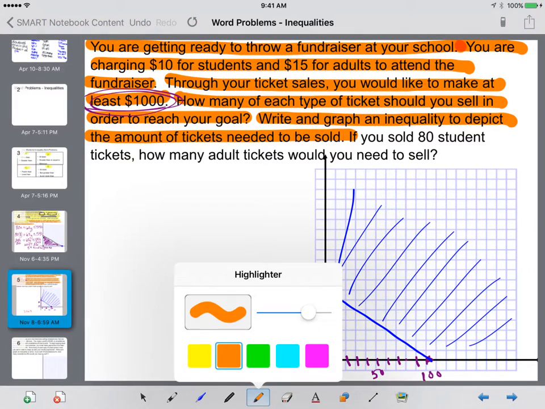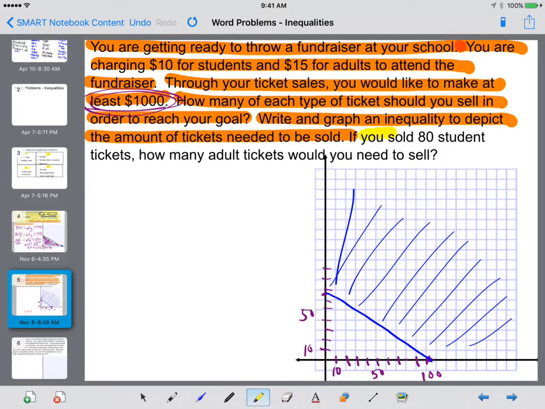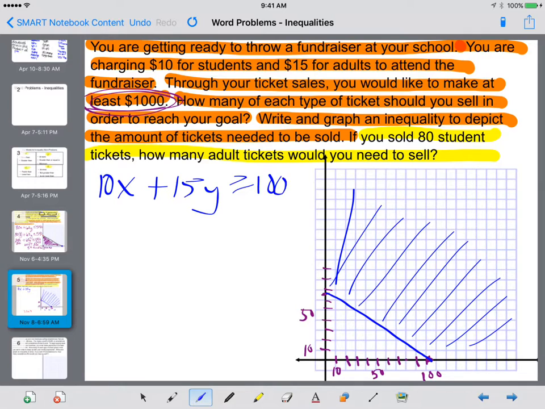The second half of our question asks, if you sold 80 student tickets, how many adult tickets would you need to sell? Well, if we sold 80 student tickets, we would make 10 times 80.